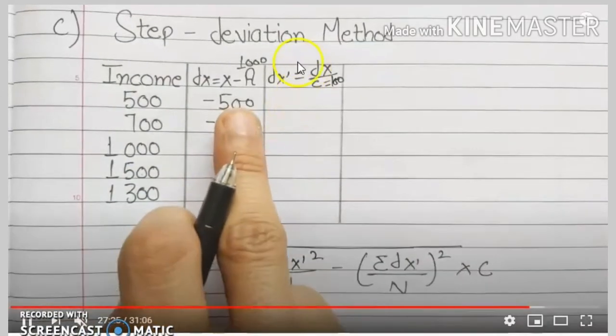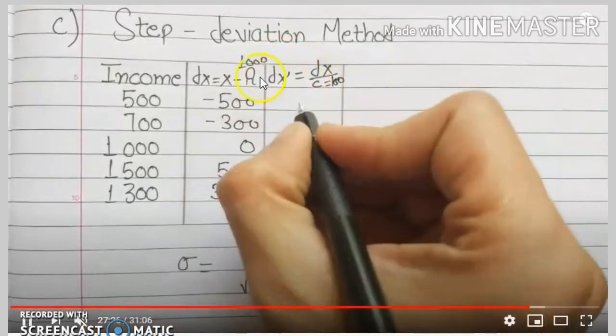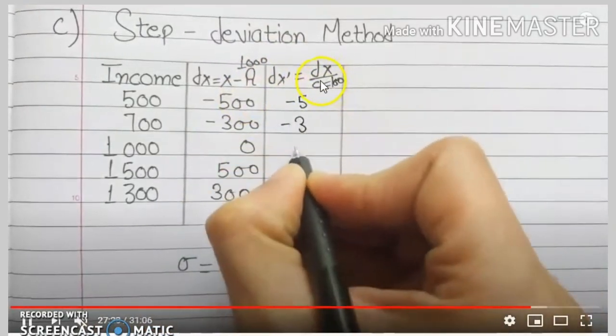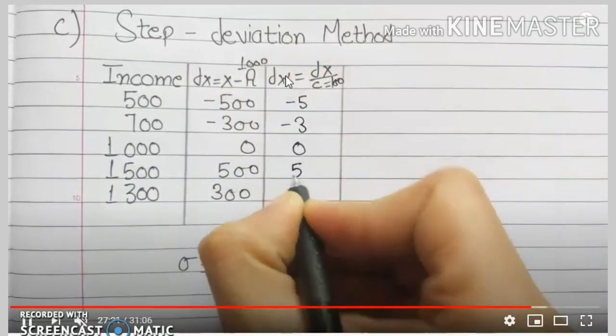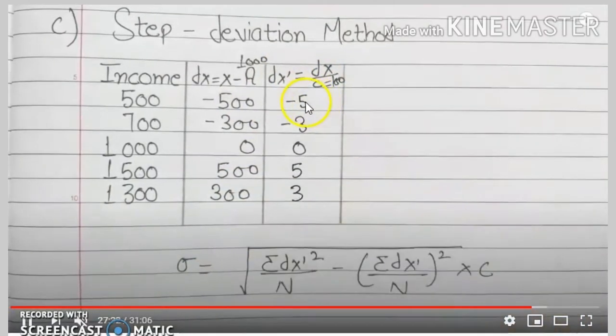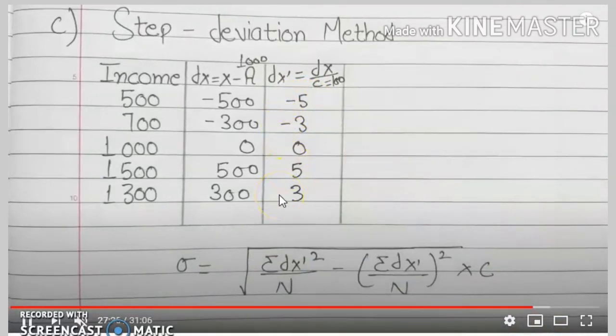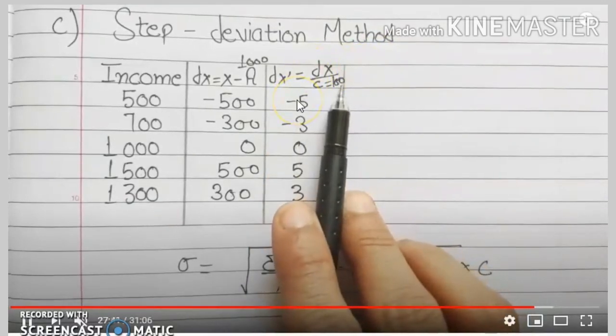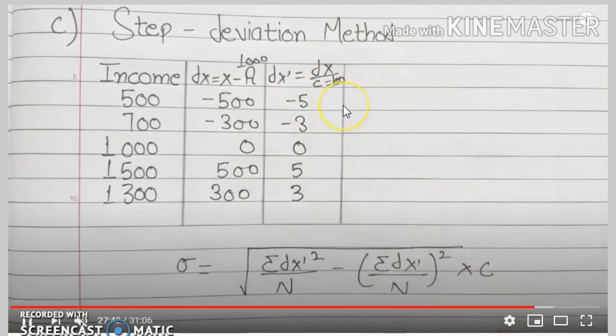Then you have to divide each value by the common factor, that is dx by c. So that's dx dash. So first is 5, next is minus 3, 0, 5, 3 is the answer. So next you will be finding the dx dash square. How will you find it? You can just take the square of this.